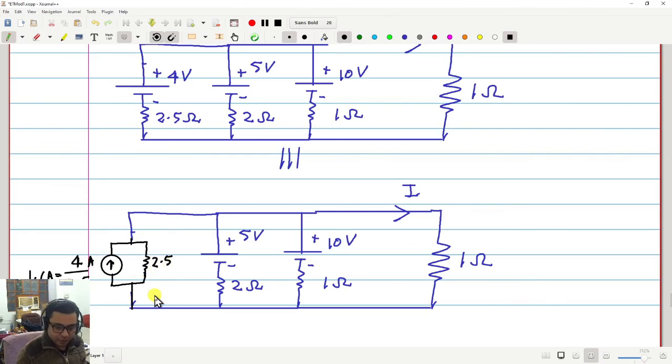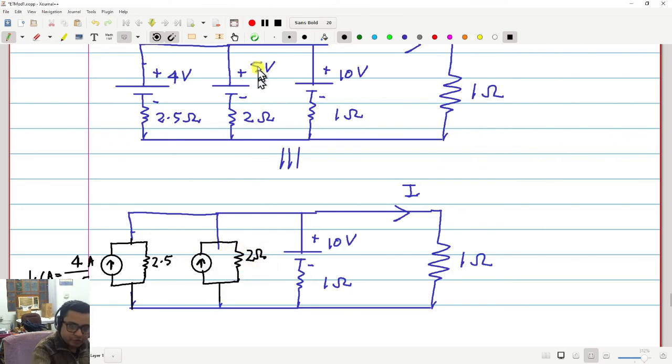Okay. Now let me do the same thing with this source. So I will replace this with a current source in parallel with a resistance. This resistance will be same as 2 ohm, and this will be 5 by 2, which means 2.5 ampere.